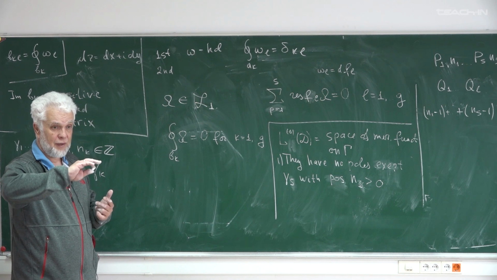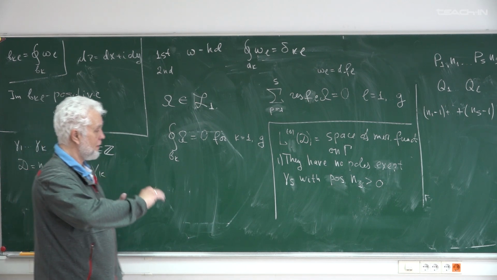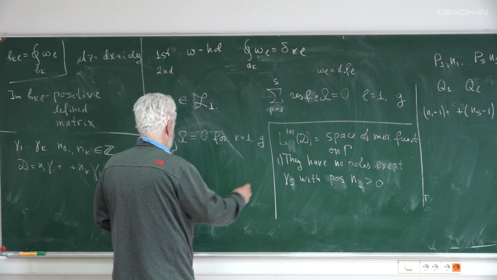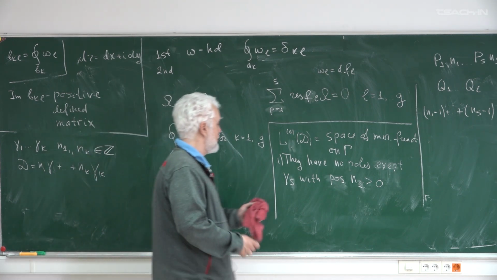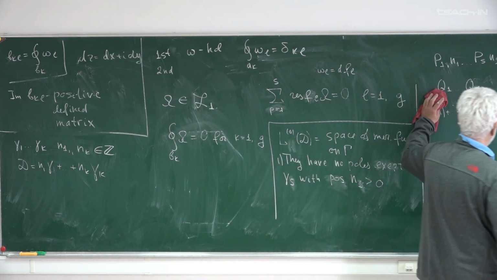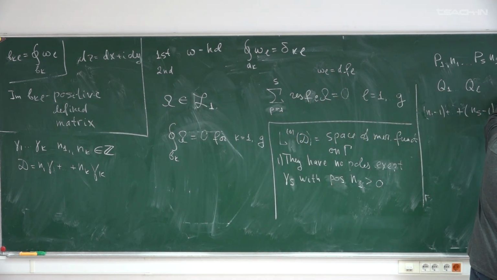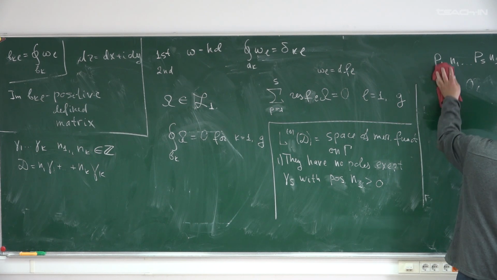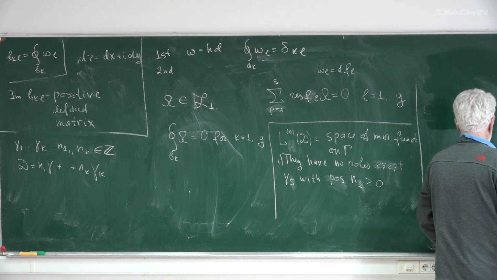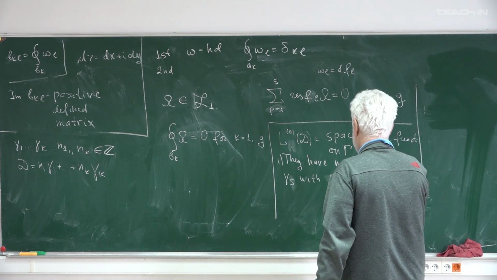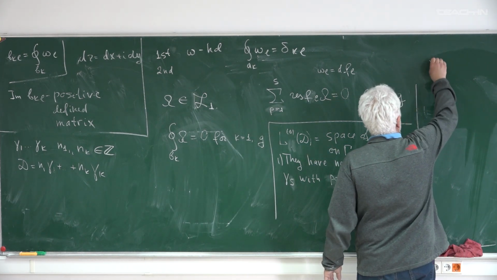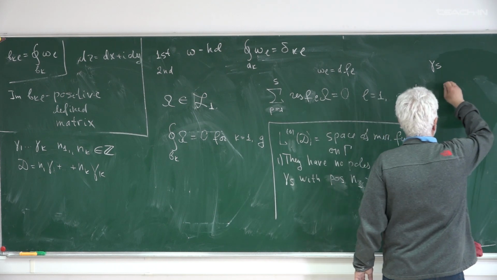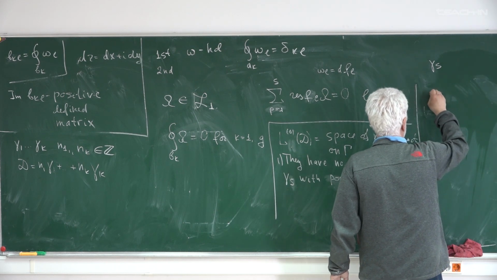At such a point gamma s, you have the Taylor series, the Laurent series, of the form at ns.